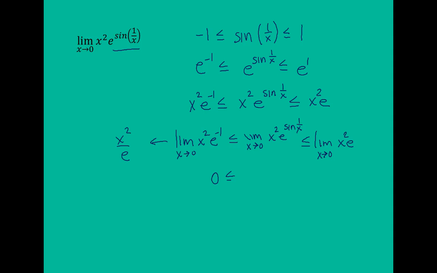We get 0. And this limit here, again, direct substitution, because e is just a number, we'd have 0 times e, 0. Therefore, we have found our limit.